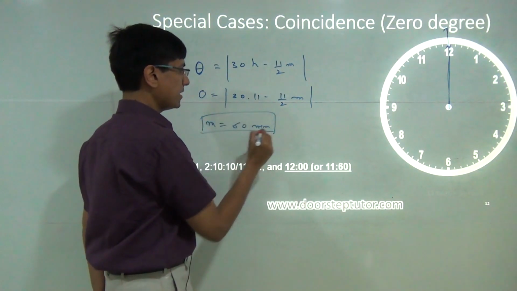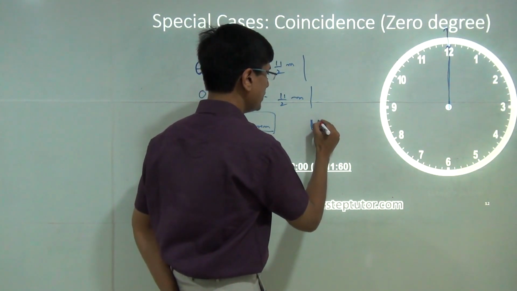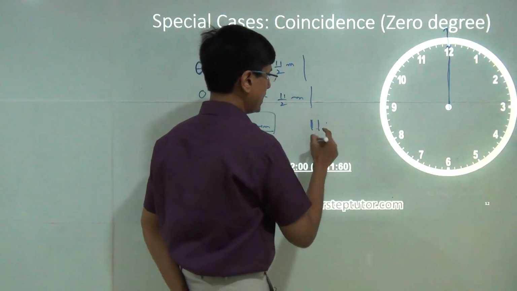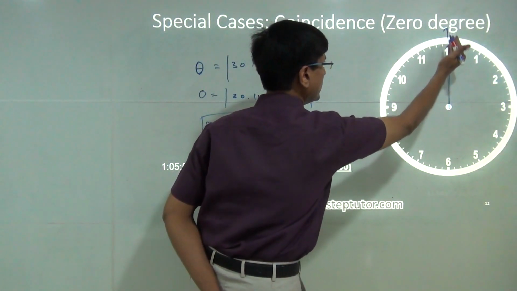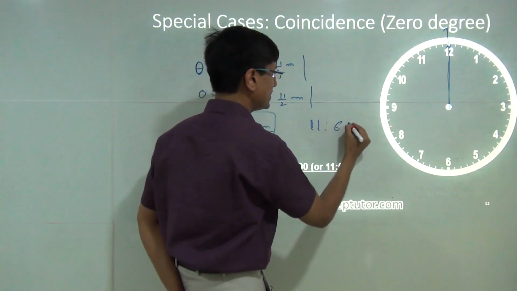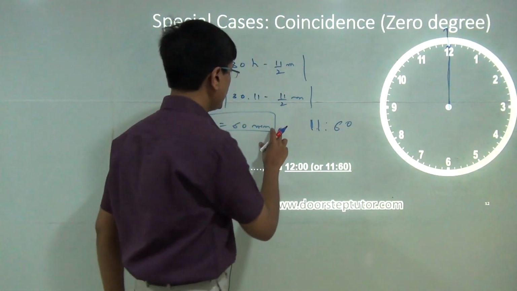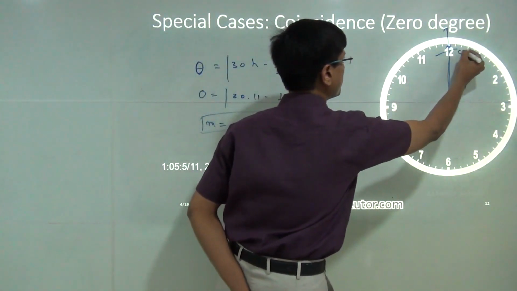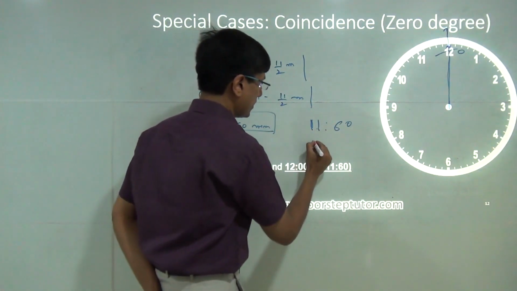What does that mean? It means that when the time is 11 o'clock, the hands of the clock would be together or coincident at 11:60. Similarly, if I calculate for 12 o'clock, h is nothing but 0. So if you put 0 here, m would come out to be 0.